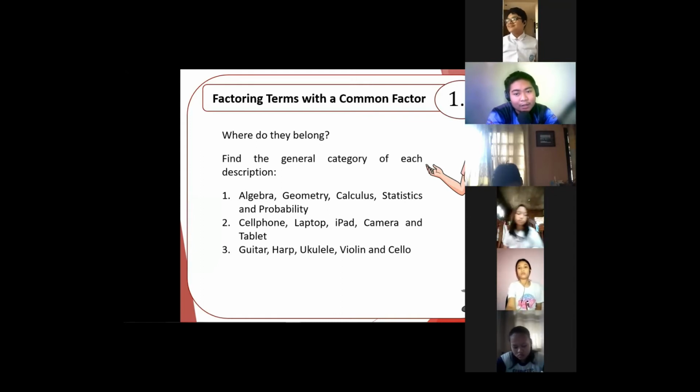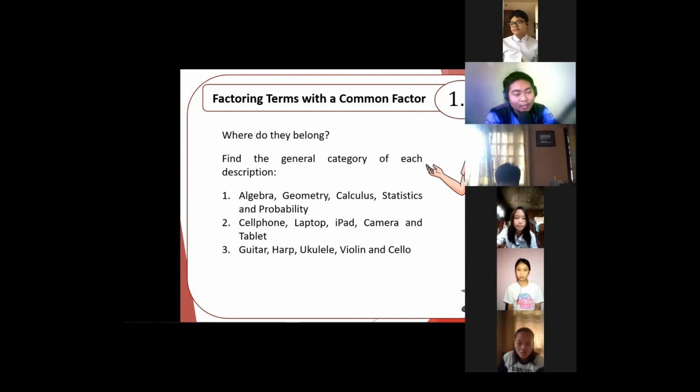So where do they belong? Find the general category for each description. Okay, try natin. We have algebra, geometry, calculus, statistics, and probability. What would be the category for that? Yes, Nabil? Mathematical subjects. Okay, that would be mathematical subjects. How about number 2?